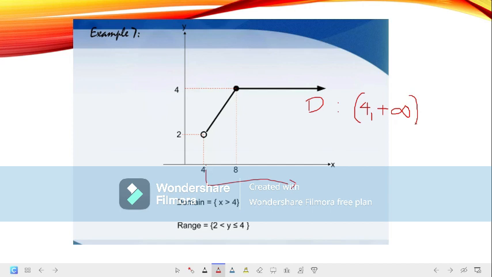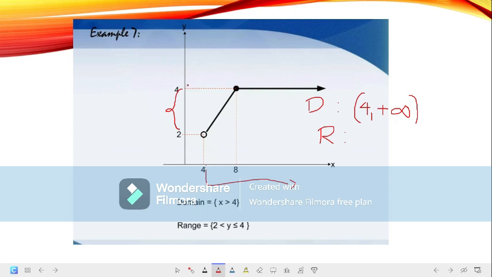That's for our domain. Now, how about our range? Okay, now for our range, we have the values of our range. This is our focus now, from 2 to 4.